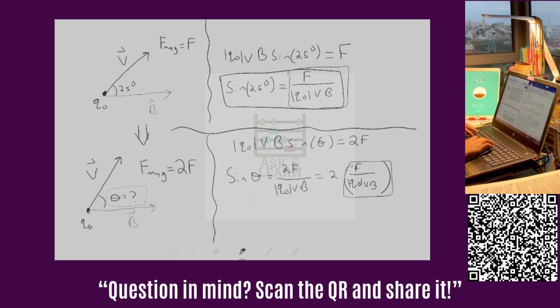So above we see that sine of theta is equal to twice sine of 25 degrees.